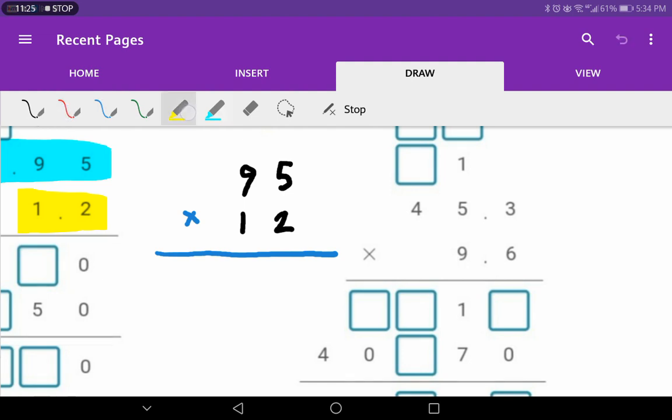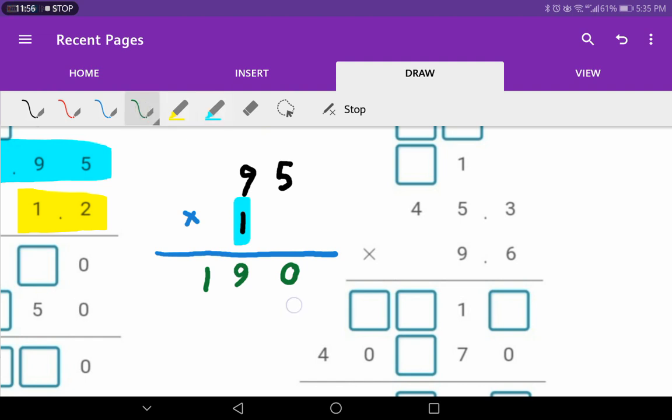So I will start with the 2 here. The 2 will multiply by the 5 and then by the 9. Let us start. 2 by 5 equals 10. 0 down and 1 up. And 2 by 9 equals 18 plus 1, 19. I'm done from this. Now I move to the tens place.